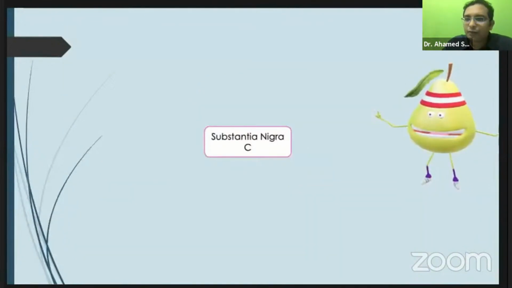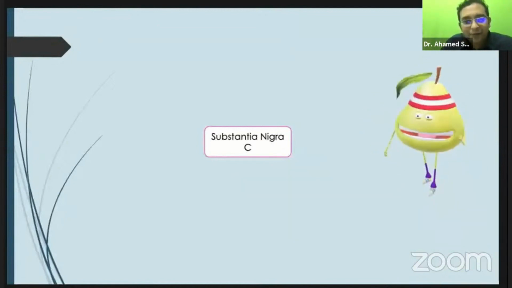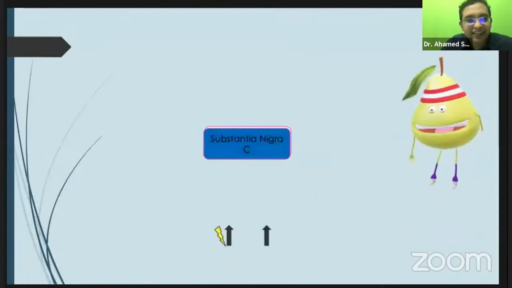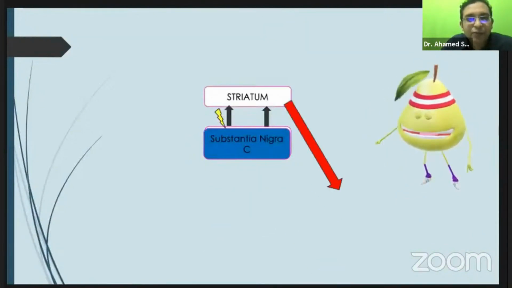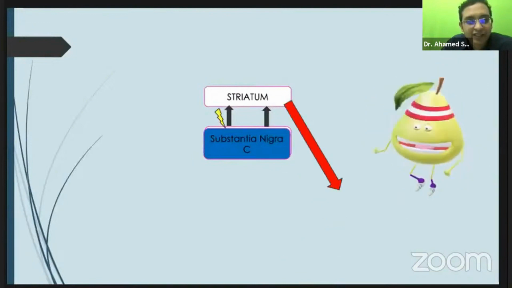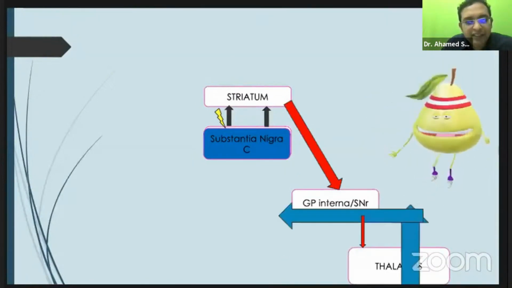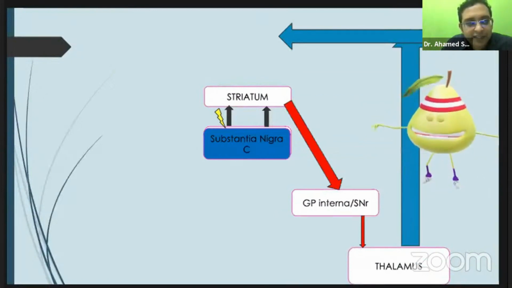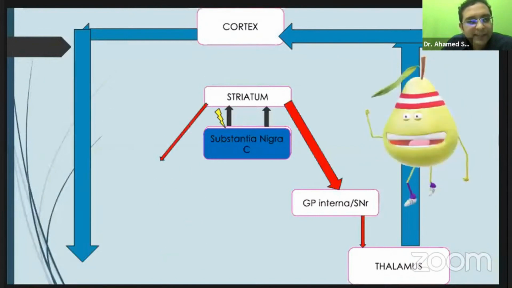I think you're pretty clear, because I made this animation myself to make sure that you are getting the crux of it. So what happens in hyperkinetic movement disorder is just the reverse. Thalamus is not inhibited, so it is able to produce more movement.